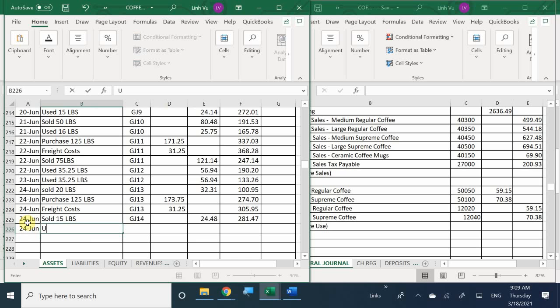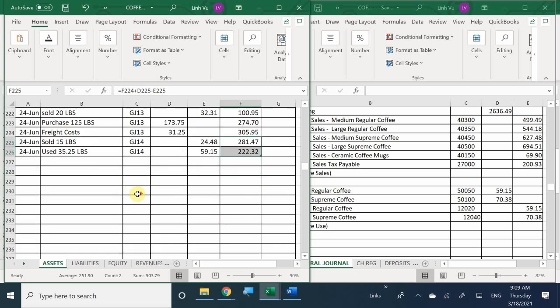We used 36.25 pounds, General Journal 14, for 59.15. So therefore, what is my new ending balance? Total 232. Perfect, which is exactly what we solved for in our inventory worksheet.